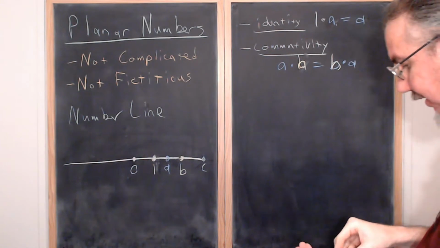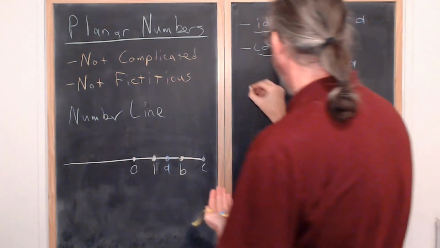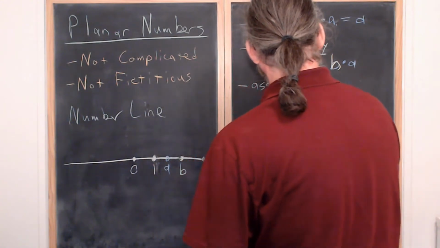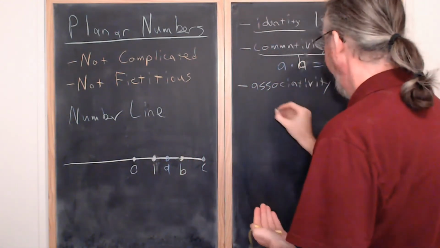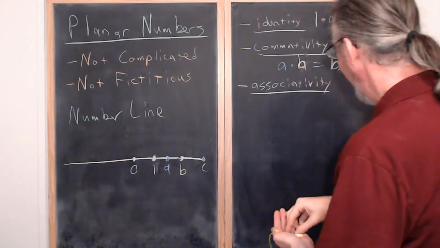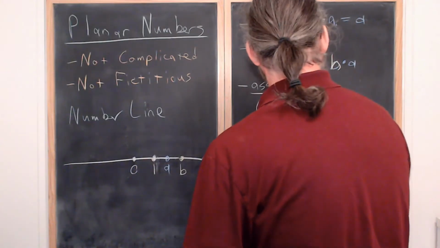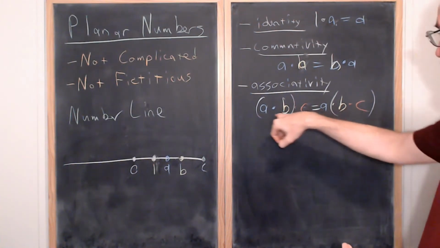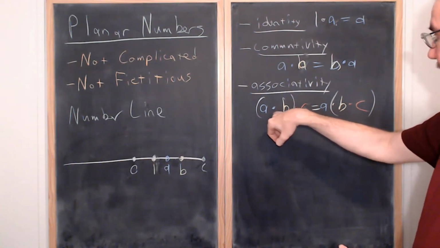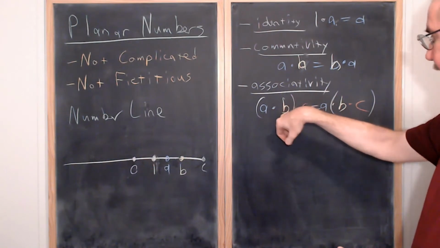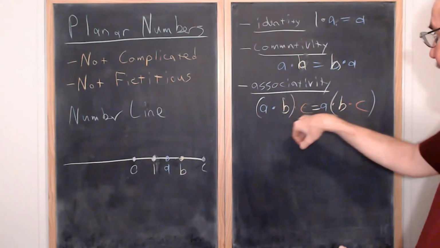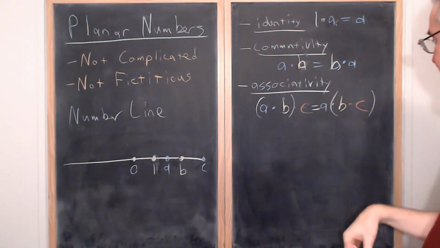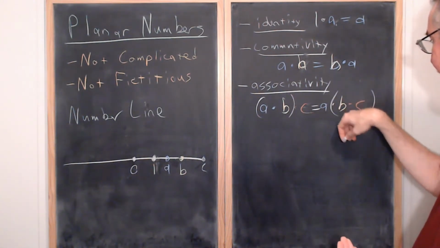In fact, it's even harder to show associativity, which tells us that it doesn't matter where we put the parentheses. A times B times C: I can stretch B by A and then stretch the result of that by C, or I could stretch B by C and then stretch A by that result.